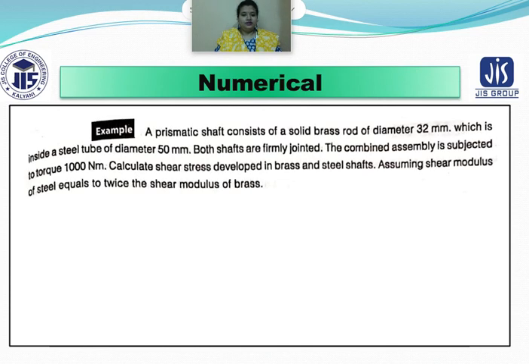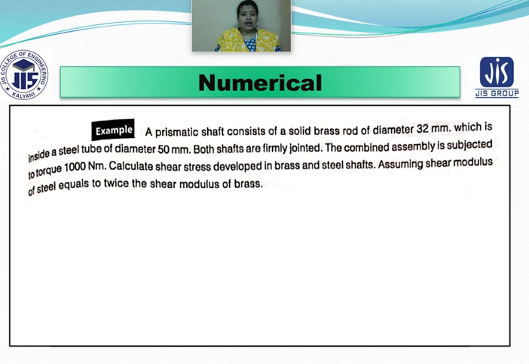Now we are considering the next numerical. It has been told, a prismatic shaft consisting of a solid brass rod of diameter 32 millimeter is inside a steel tube of diameter 50 millimeter.